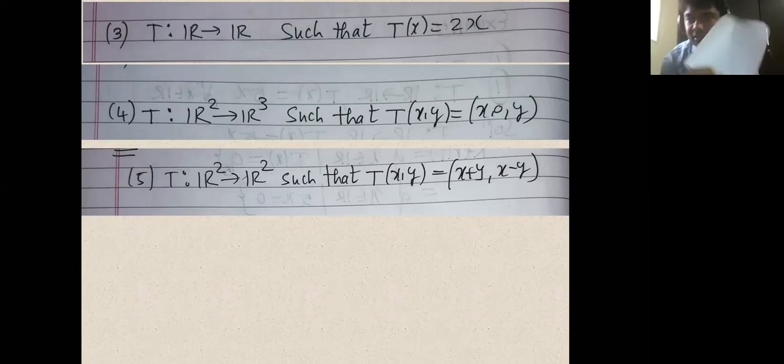This is our kernel for the fifth exercise. Domain and codomain both are R2. Substitute x as (x, y) such that T of (x, y) equals (0, 0).